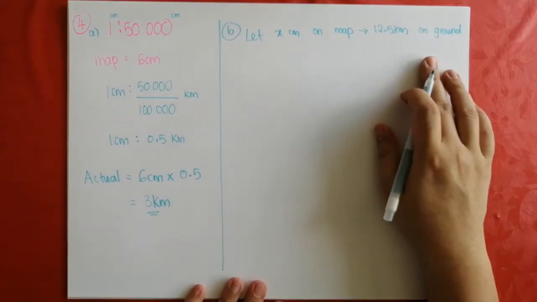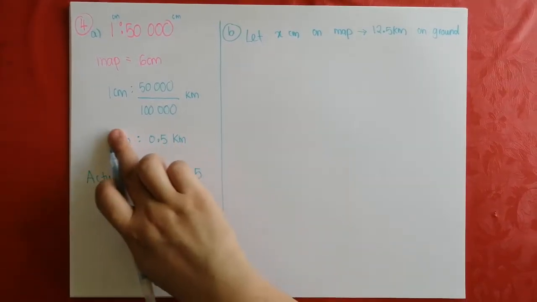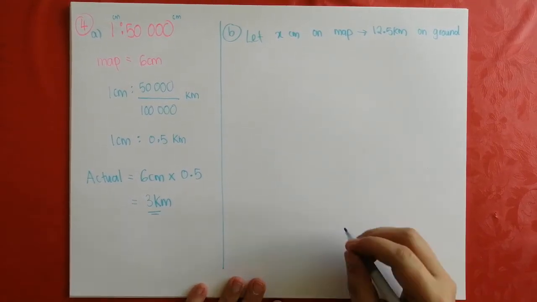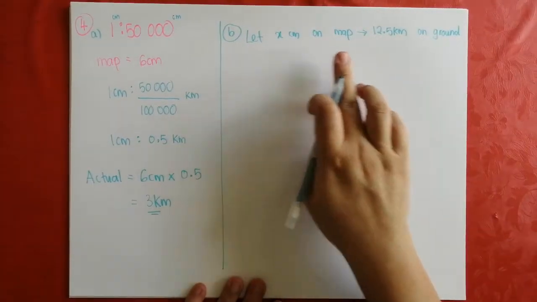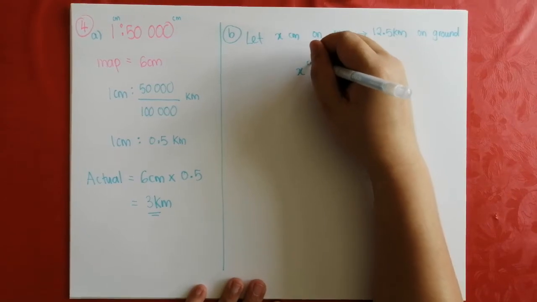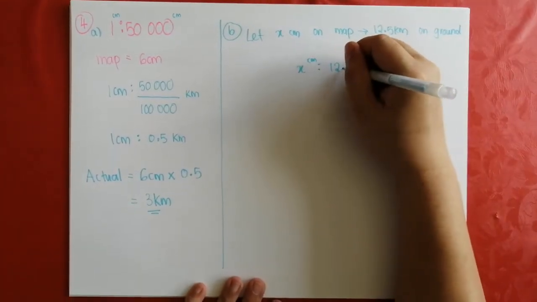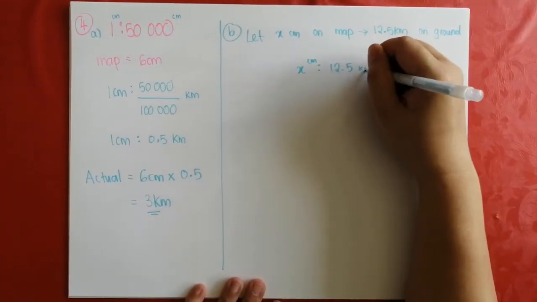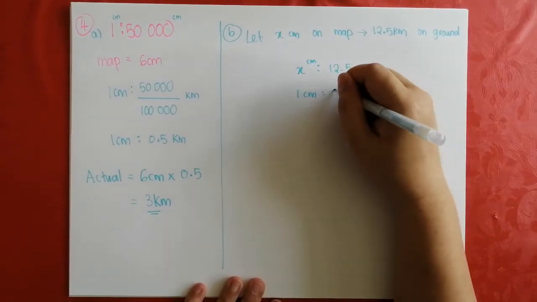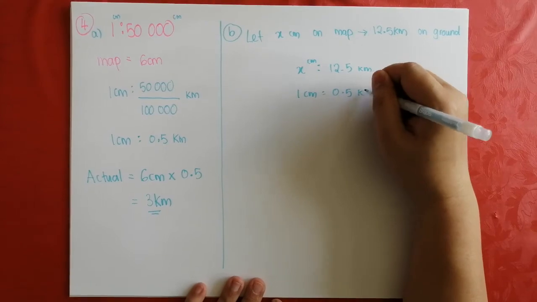Then we have the scale given here: 1 centimeter represents 0.5 kilometer. So we can rewrite this as x cm is to 12.5 km, and our scale is 1 cm represents 0.5 km.